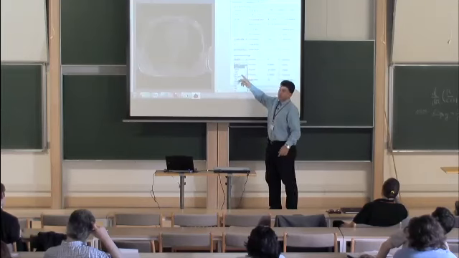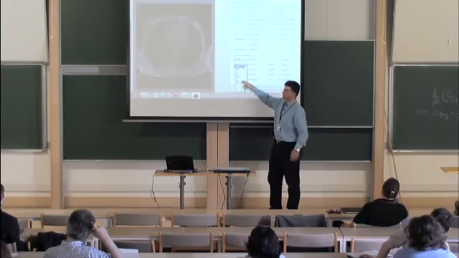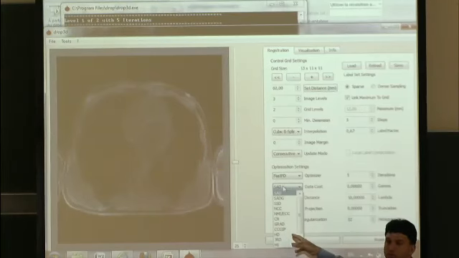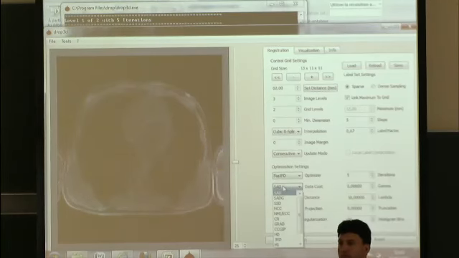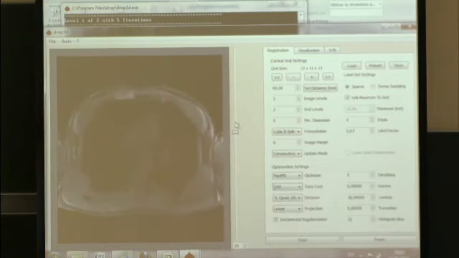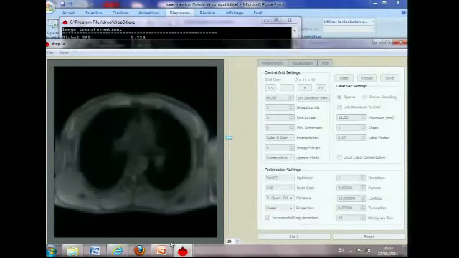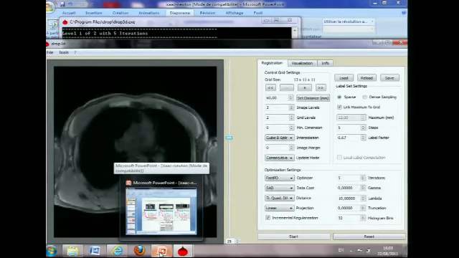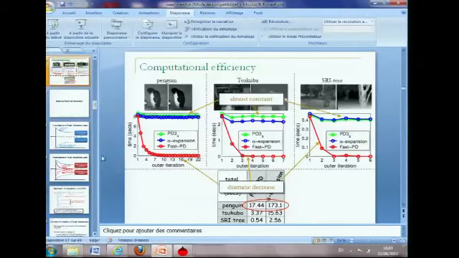I can plug in any of the known metrics like sum of squared differences, correlation ratio, mutual information, or I can derive a new metric. This is not going to change anything at all in the process. That is the idea. Okay. I'm just going to run it once more, and then I will go to the next slide. This is running on my laptop. Okay. We are done. Okay.